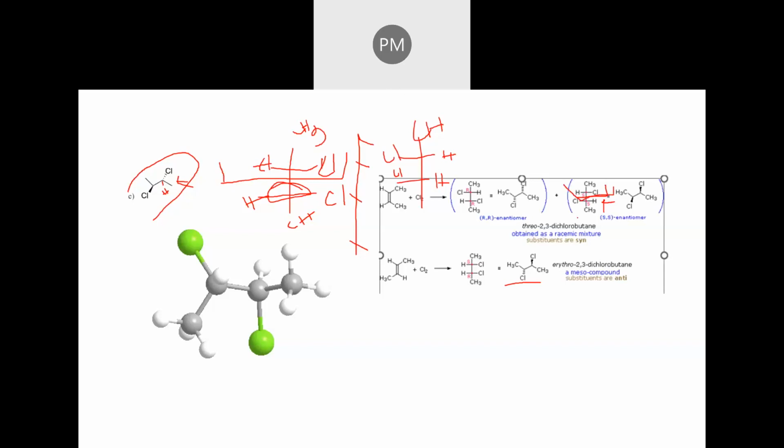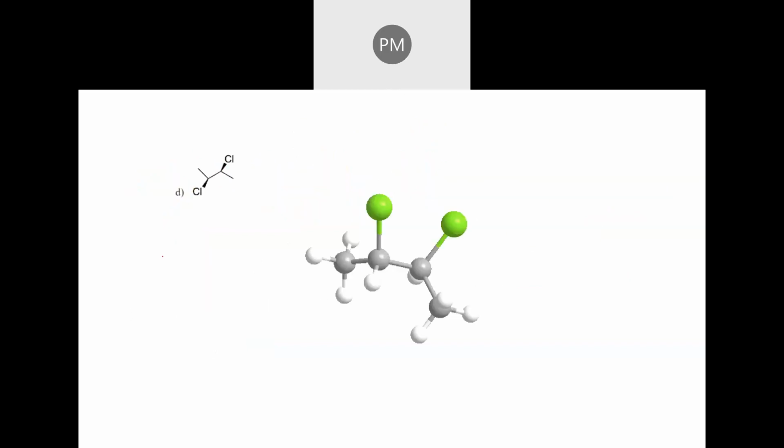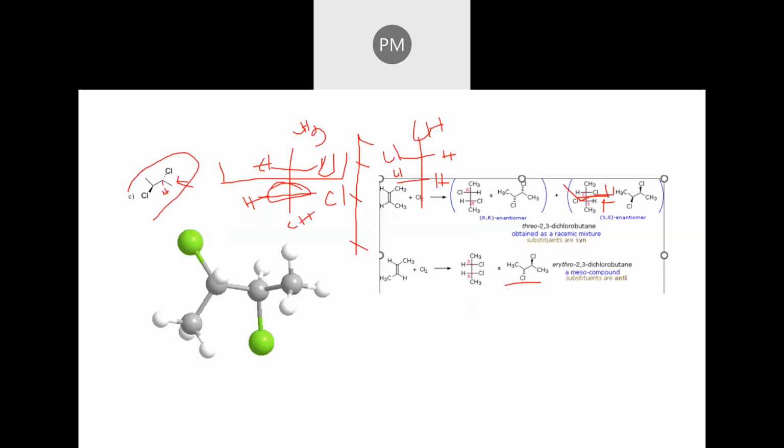These are chiral compounds. So this will be a chiral compound, and the next example, this one will also be a chiral compound. That's it. I hope you understand that.